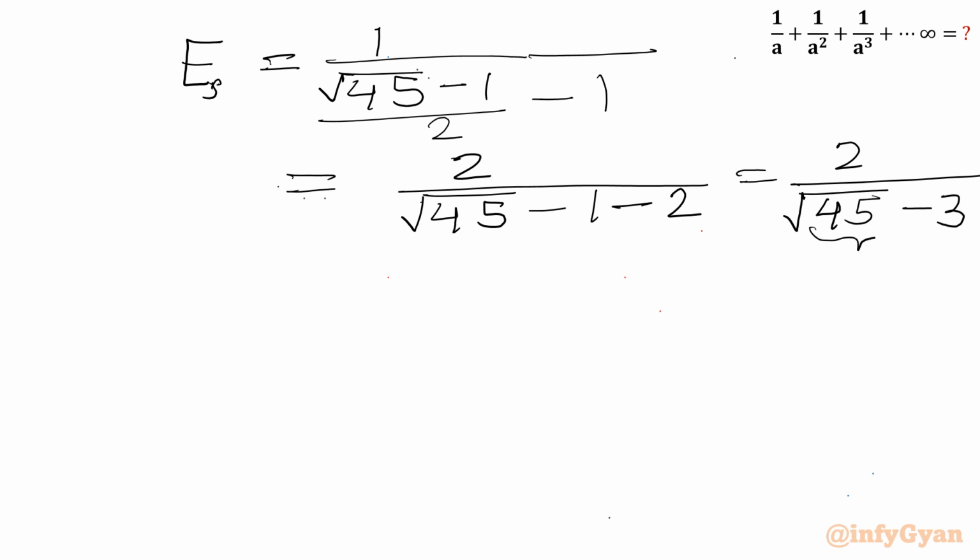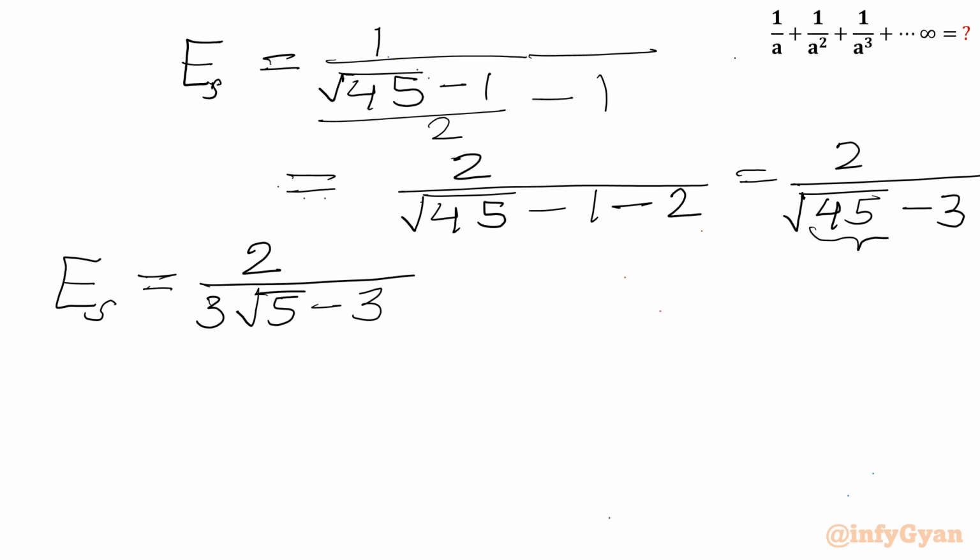Now 45 is 9 times 5. So we can write 3 root 5. So E_S will become 2 over 3 root 5 minus 3. Let us take 3 common from the denominator. So in bracket root 5 minus 1 will be there.